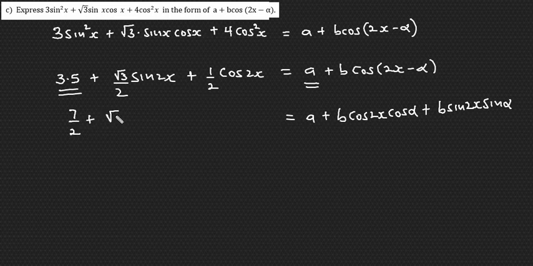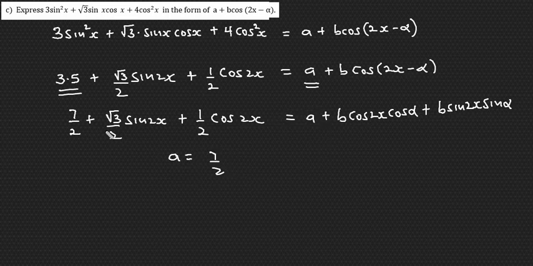plus root 3 over 2 sin 2x, then plus a half cos 2x. So from here what we need now is to compare. We just have to compare. When you look at this, a is equal to 7 over 2, the constants.